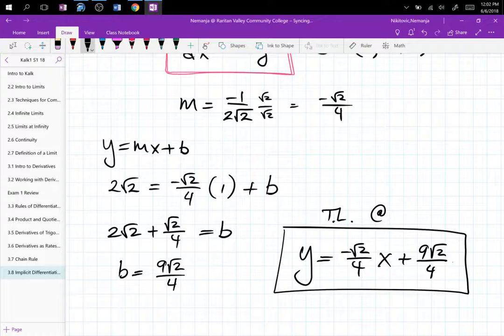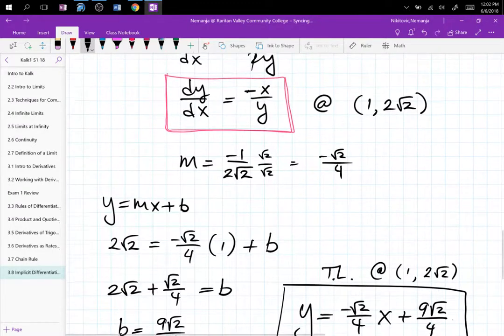So I can't pick a random point. It has to be exactly a point that is on the circumference. So now if you are to graph the circle and you are to graph this line, they will touch exactly at the point.